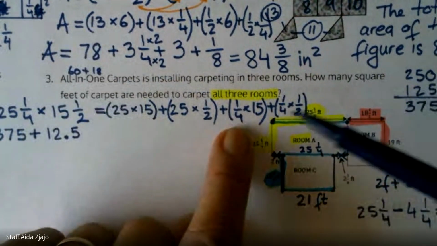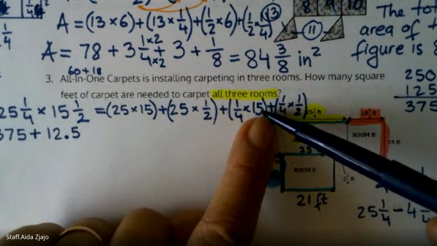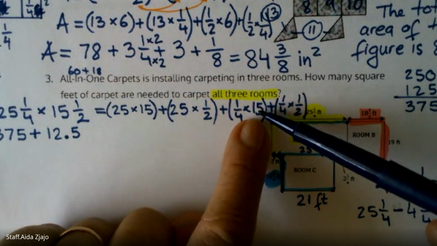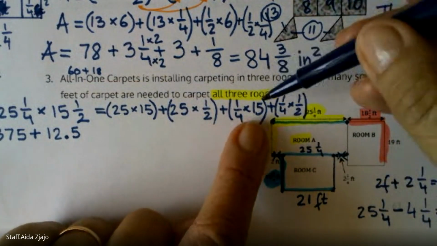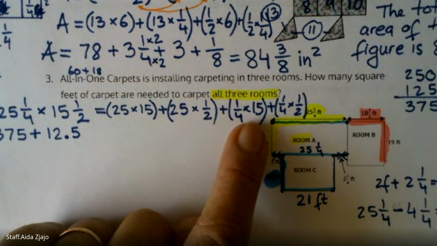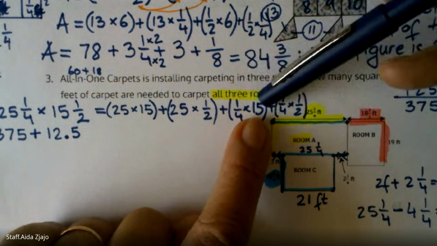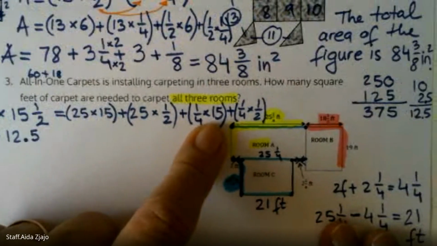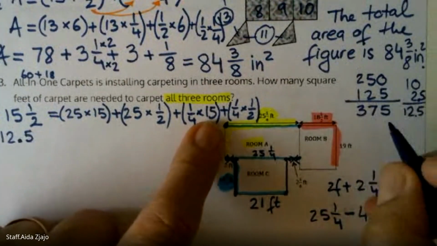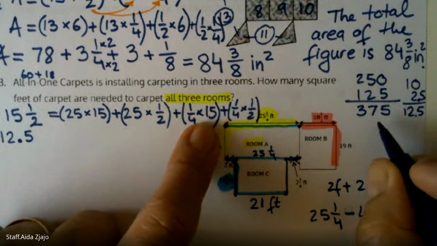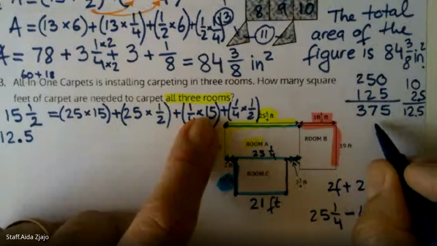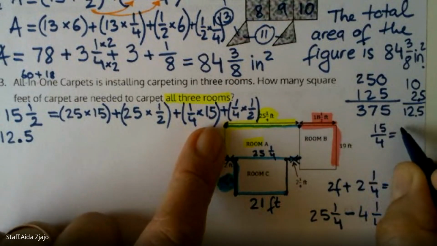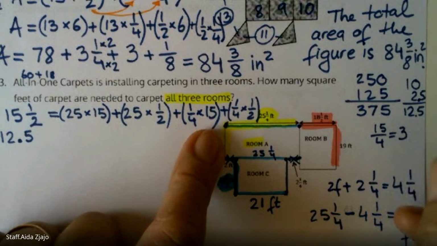What is 1/4 of 15? 1/4 of 16 would be easy, but 1/4 of 15 would not be as easy. So if I have 15/4, I can make 3 wholes. 3 times 4 is 12.